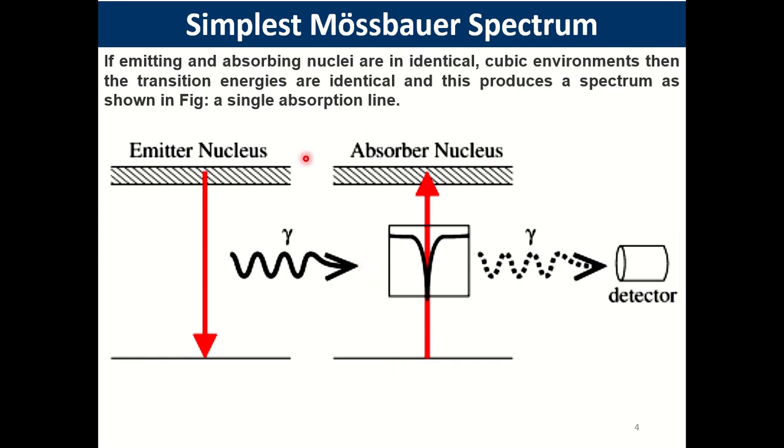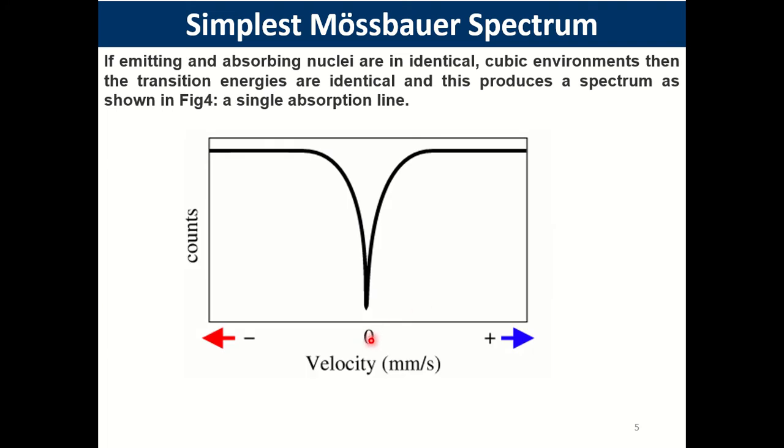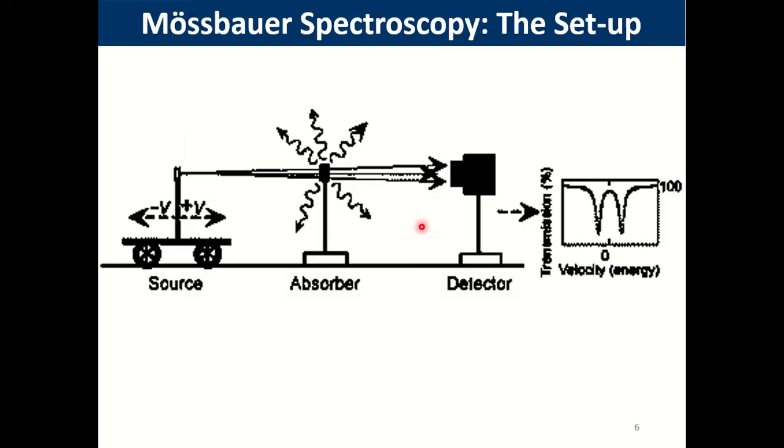If you have the same environment, if the emitter nucleus is metallic iron Fe57 and the absorbing nucleus is also metallic iron Fe57, then you are going to get only one absorption peak, a negative peak like this, corresponding to zero velocity on the x-axis. This is what you get if both the emitting and absorbing nuclei are identical, that is, their environment is exactly the same. There is no change in transition energy, and this spectrum is produced.